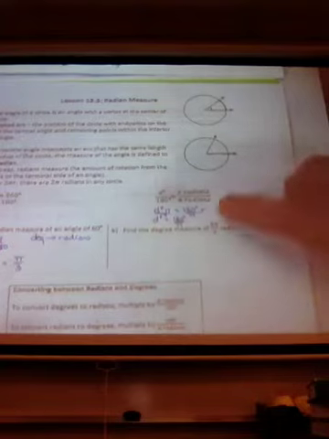So when you're going from degrees to radians, all you have to do is multiply by pi over 180 because of this proportion. If you're going from radians to degrees, what do you think you do?